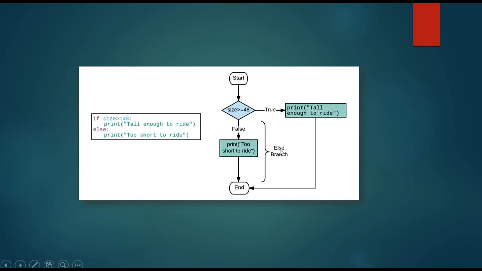In this false branch, we added an else statement that's going to print too short to ride, and this is called our else branch. These flowcharts are extremely useful for troubleshooting your program, to see where the logic is flowing. I use these pretty often, and they're really good at showing you what your program is actually doing.